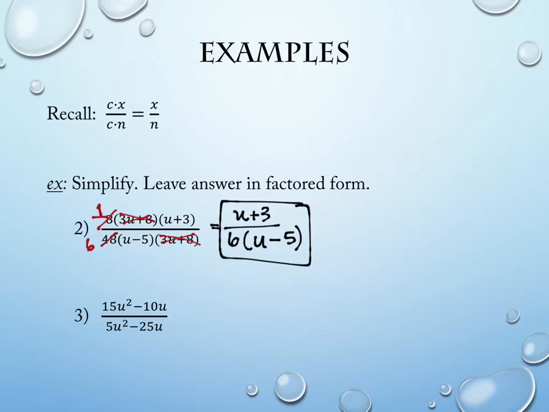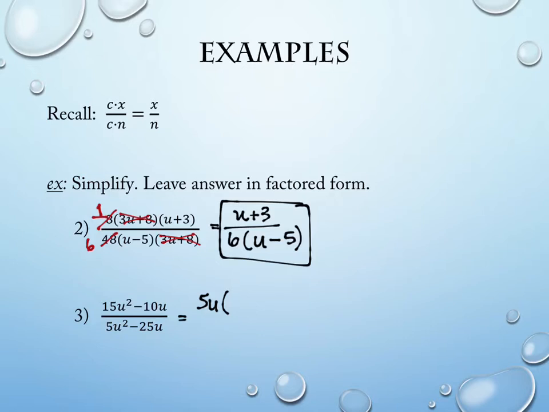Okay? Now, that's all well and good. That one was already factored. Number 3 is not. But we've learned how to factor things like number 3. What do you notice on the top when I consider 15u squared and negative 10u? They have 5u in common.